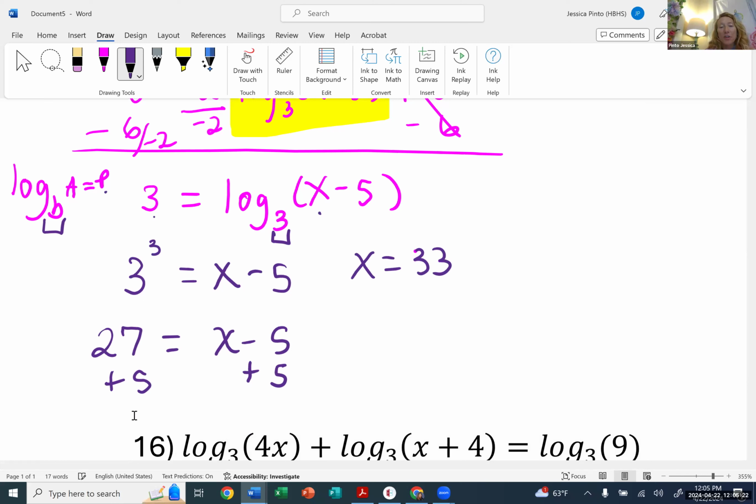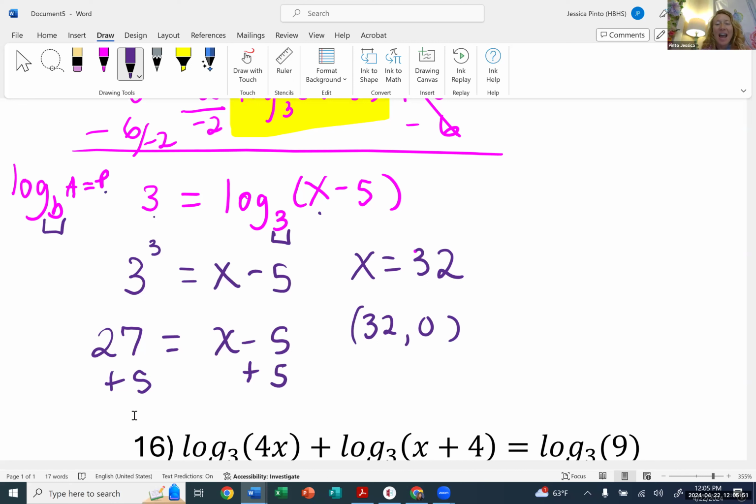Let's see, 32 minus 5 is 27, and so that works out nicely. 32, 0.